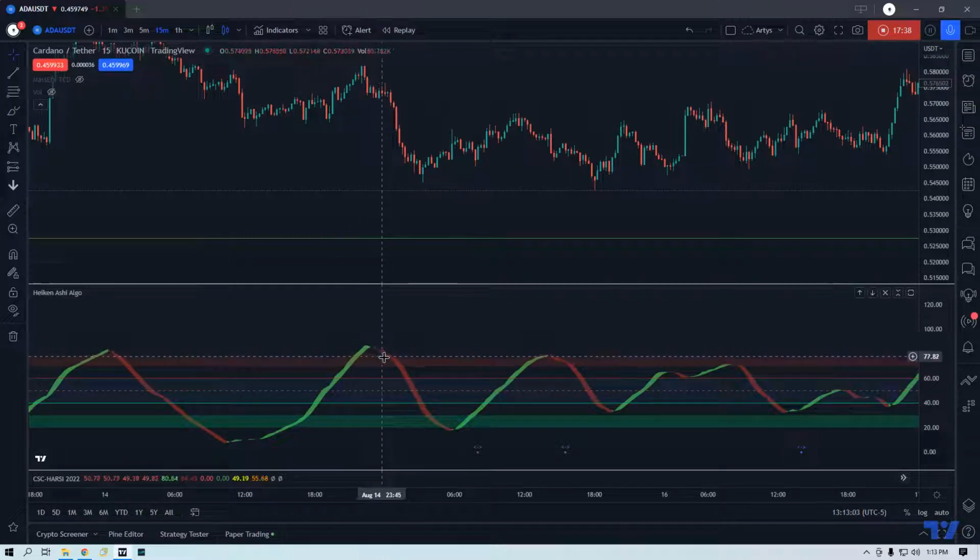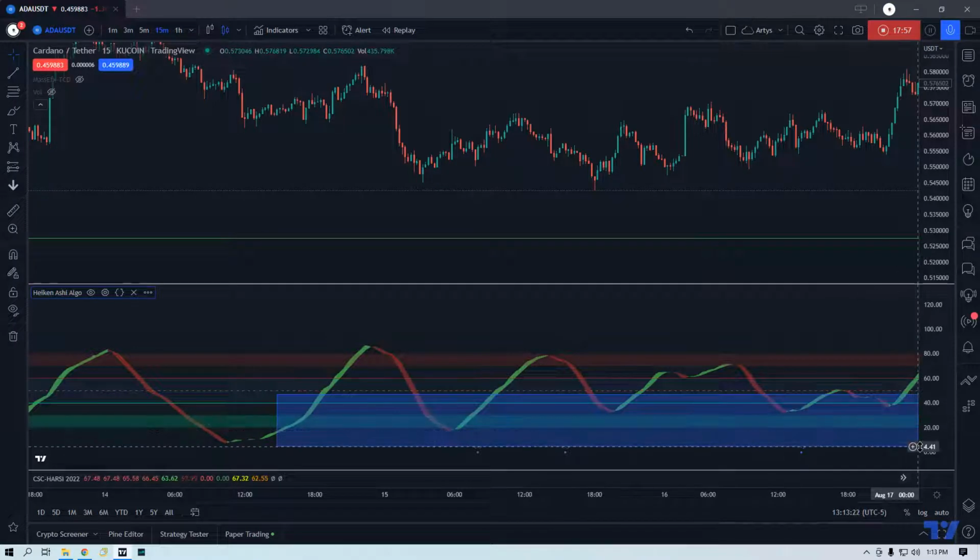If it's over the 50 and it's red, still over the 50, you have pressure to the downside. If it's down and below the 50, it means nothing. Price moves flat. If it's up and below the 50, it means nothing. This is flat. So everything under the 50 for your stochastic means nothing.